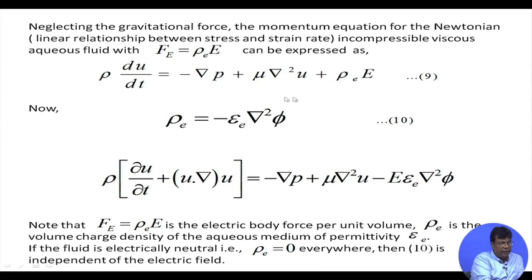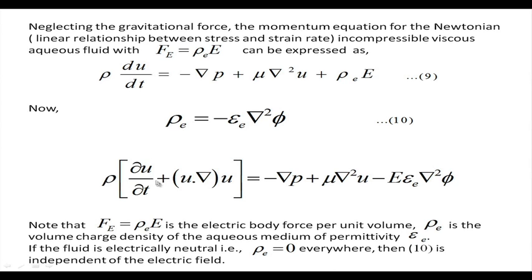So, the momentum equation can be expressed in this manner: rho Du/Dt equal to minus del P plus mu del squared u plus rho e E. Now, rho e, as we have already obtained from the Gauss law, that is the Poisson equation for electric potential, rho e is governed by this equation. So, if I substitute here, I get a situation.